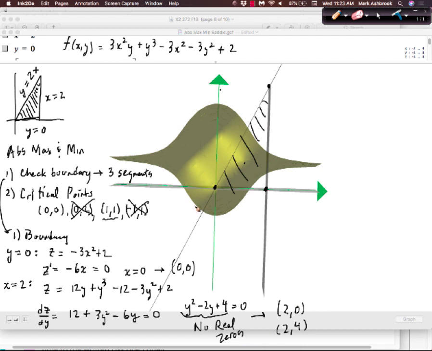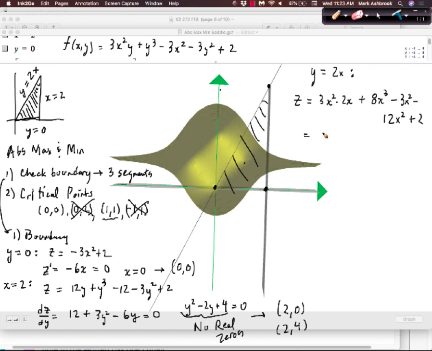All right, finally, the last part of the boundary is y equals 2x. We're going to put that in. z equals 3x squared times 2x plus 8x cubed, right? Minus 3x squared minus 3 times 4x squared. Check my math. Plus 2. Did I do it right? So what do we got?